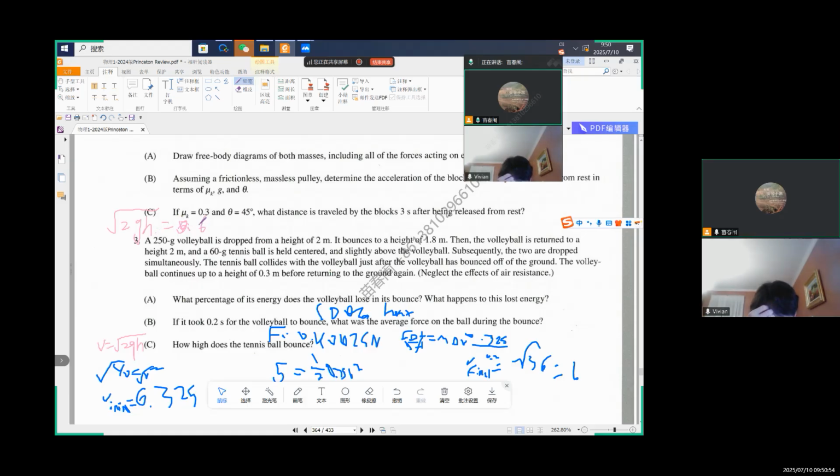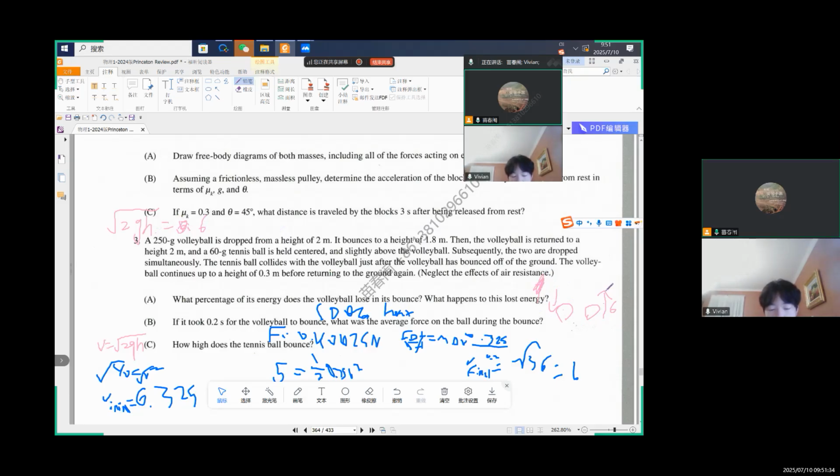Oh, I think you probably got the direction wrong. Are you using this 6 minus the other 6? Oh, you're right. One is positive, the other is negative, right? So it should be negative force? Well, if you think of the falling as positive, your force is negative, of course. Let's use this one as positive. It doesn't really matter.